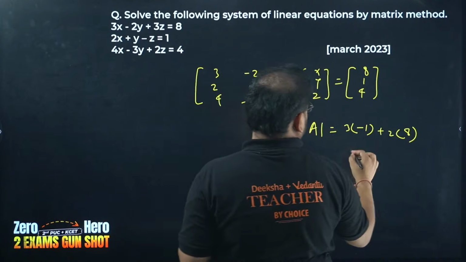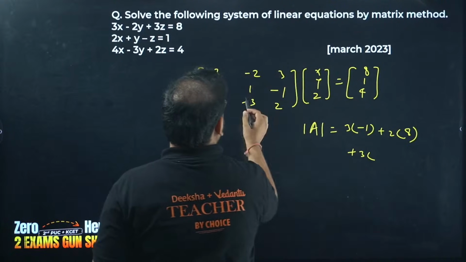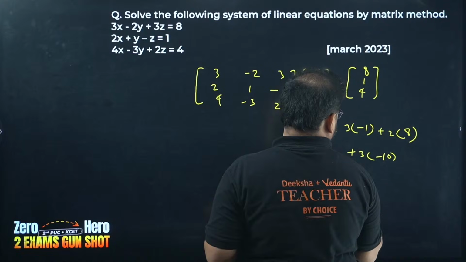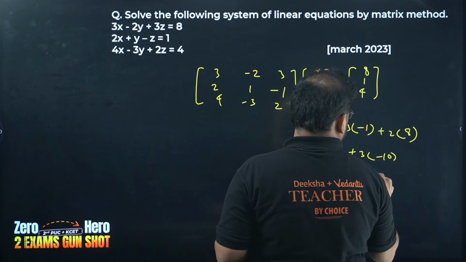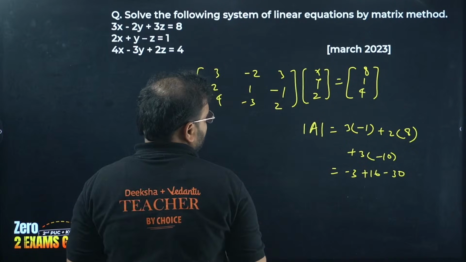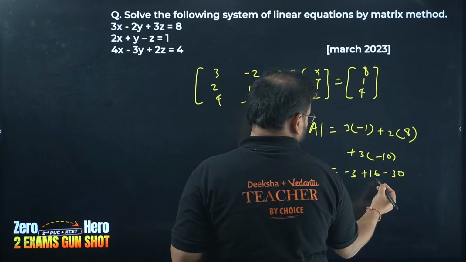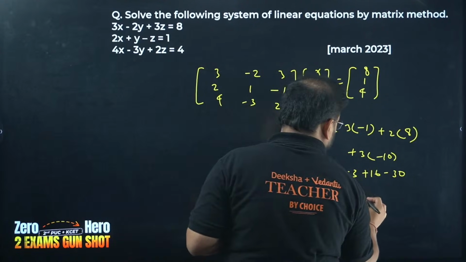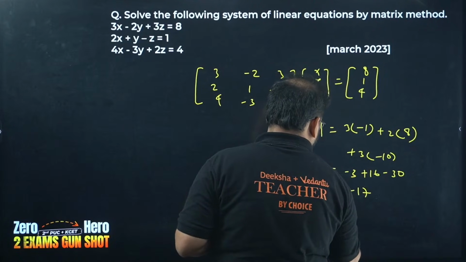And with plus 3 you'll have, check this out, minus 6 minus 4, so minus 10. That's minus 3 plus 16 and minus 30. So we get here minus 14, minus 14 and minus 3. So minus 17. Minus 17 is the value of the determinant.